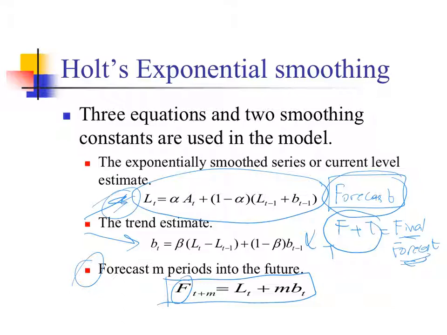Let's say you want to forecast 2 periods ahead, then you are going to use the level in period t plus 2 times the trend forecast. Or if it's not clear, say you want to forecast the 10th quarter, and you have data until the 8th quarter.